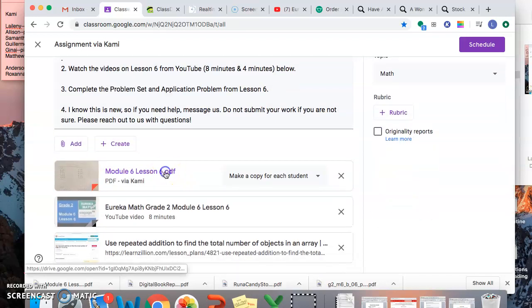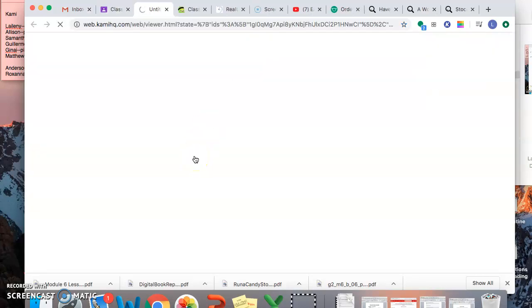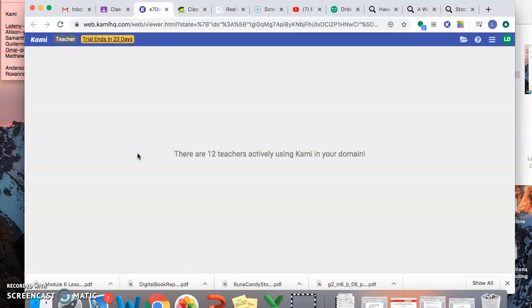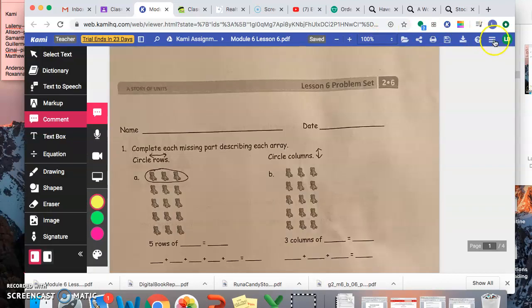Okay, so I'm going to open that up now. Okay, so yesterday we talked about how it's very easy to confuse rows and columns, okay?